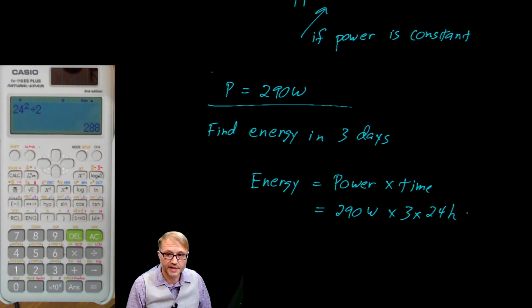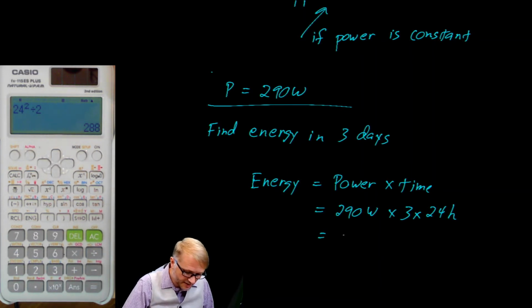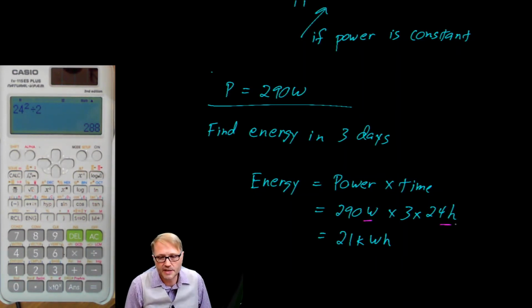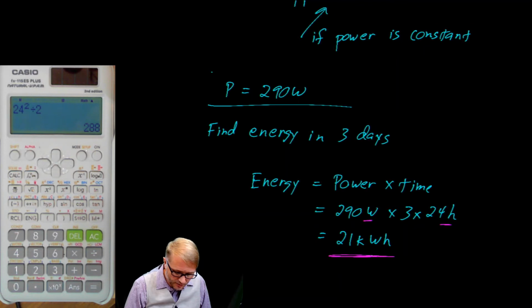So we have 3 days, 24 hours in each day, which gives us about 21 kilowatt hours. So here's the units. We have watts and hours. Again, there are other measures of energy, such as BTUs and horsepower hours, excuse me. But for now, we'll just stay with our kilowatt hours as a unit of energy.